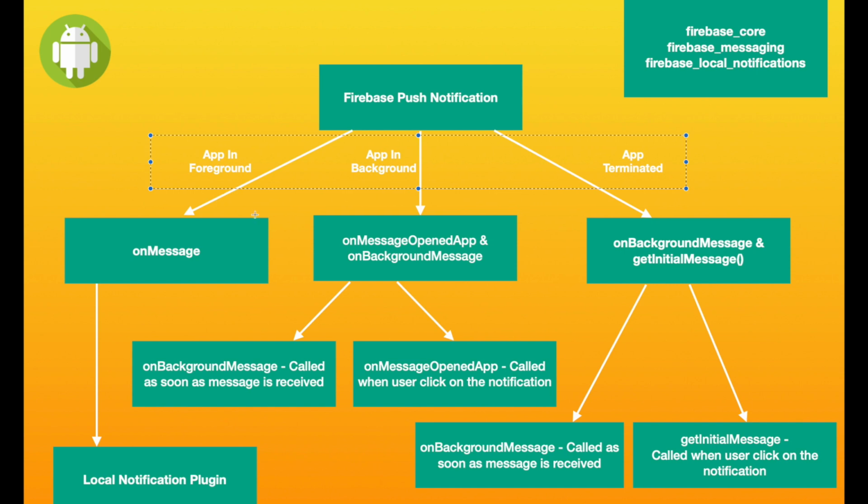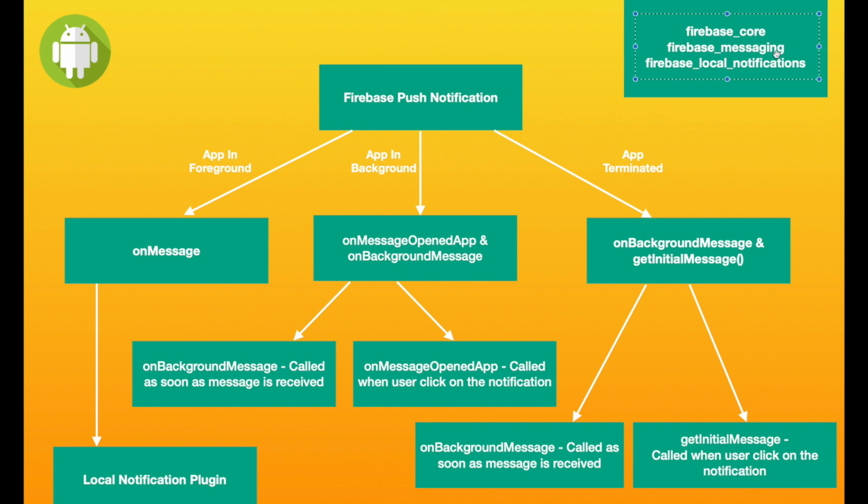When the app is in foreground, we handle the push notification using this onMessage method, which is given through our Firebase messaging dependency. To implement push notification using Firebase in Flutter, we need to have these three dependencies added to our Flutter application. One is Firebase core, that is for any Firebase application you need to have it so that you can initialize your Firebase.